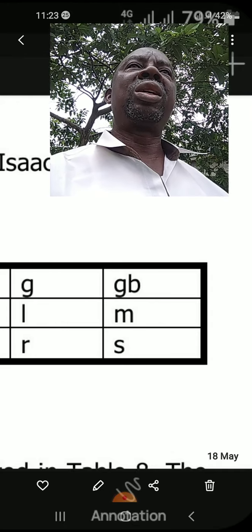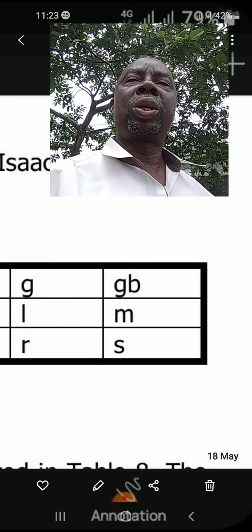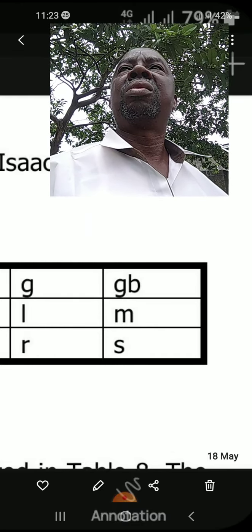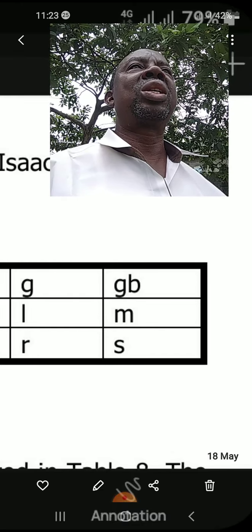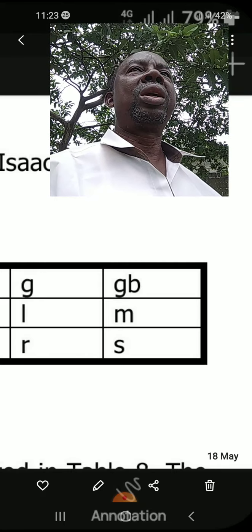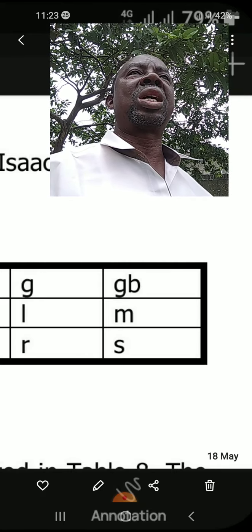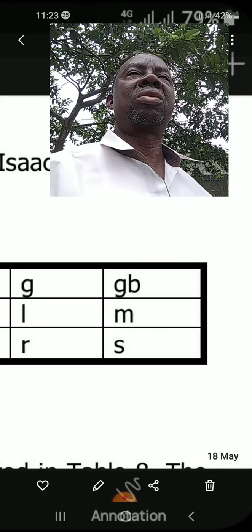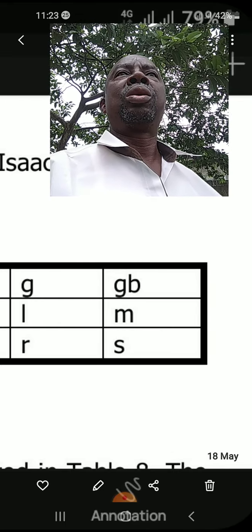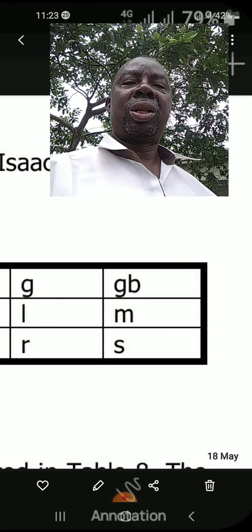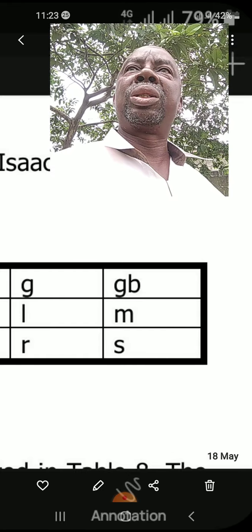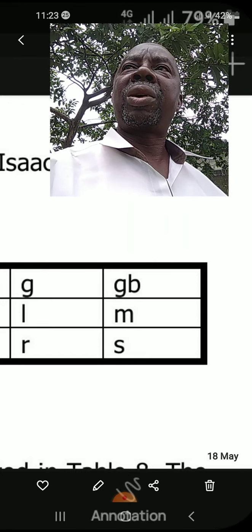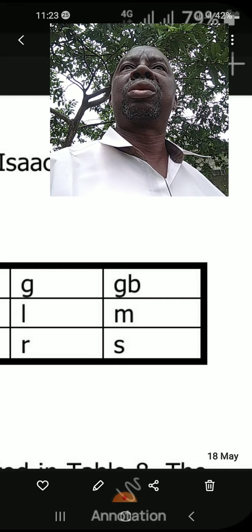In English, for example, we have 20 vowel sounds and we have 24 consonant sounds. If English were to transfer all the consonant sounds as well as all the vowel sounds, and then classify all of them as the alphabet of English, we would find it difficult to understand and to learn English.